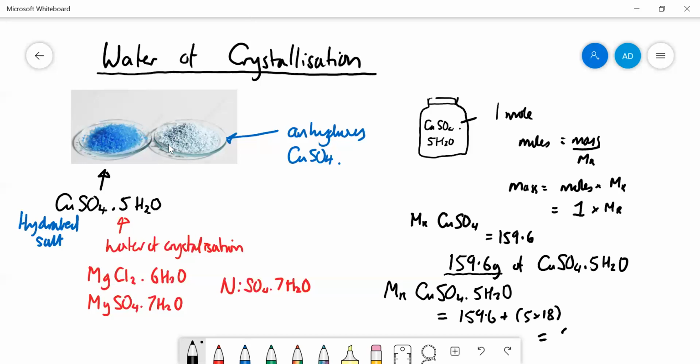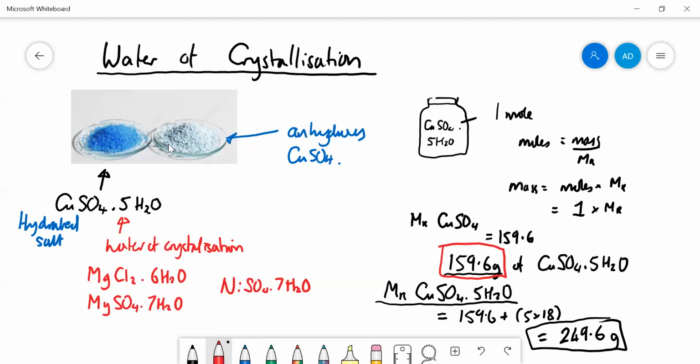So that's going to be 249.6 is the Mr of hydrated copper sulfate. If I wanted to weigh out 1 mole, I'd have to weigh out 249.6 grams. If I only weighed out the 159.6 grams of it, I'd have way less than 1 mole. It's only about 2/3 of a mole. So when you're using hydrated salts, when you work out the Mr, you've got to take into account the waters there.